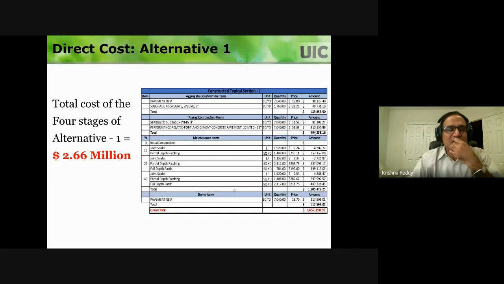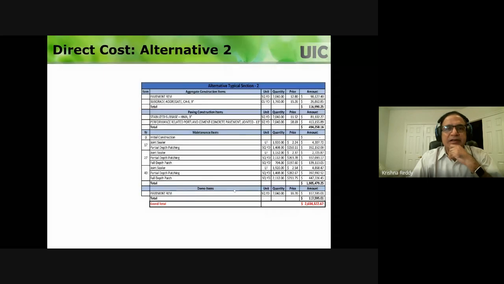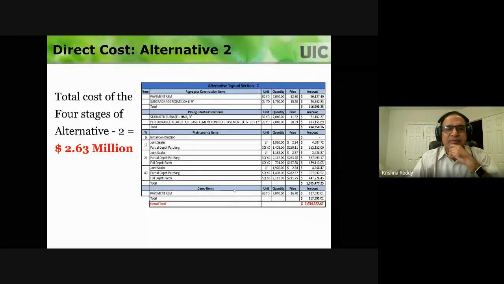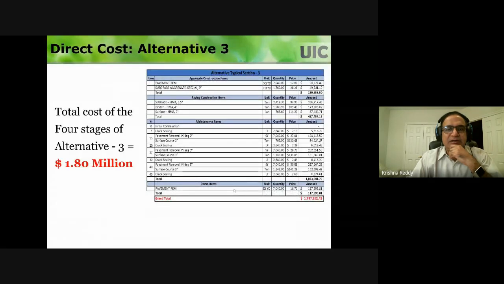If you calculate that, alternative one is coming out to be $2.66 million, alternative two is coming up with $2.63 million, and alternative three is $1.8 million.